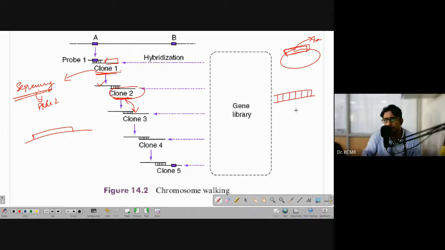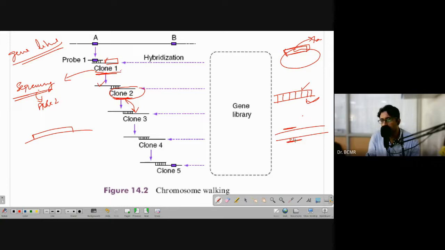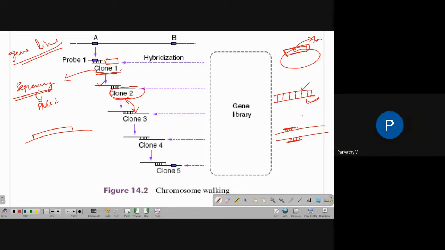We are using a gene library, so even if you take the top strand or the bottom strand, you will have the complementary region within the genome. Both will get recognized. Either way, we know that the gene is present there.